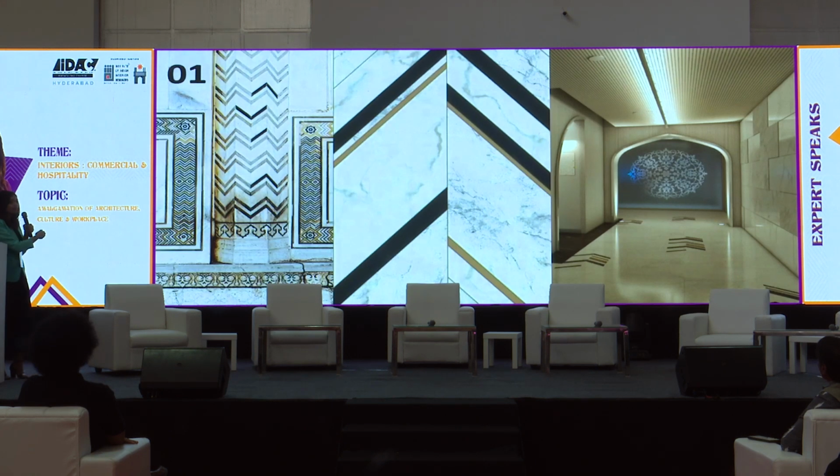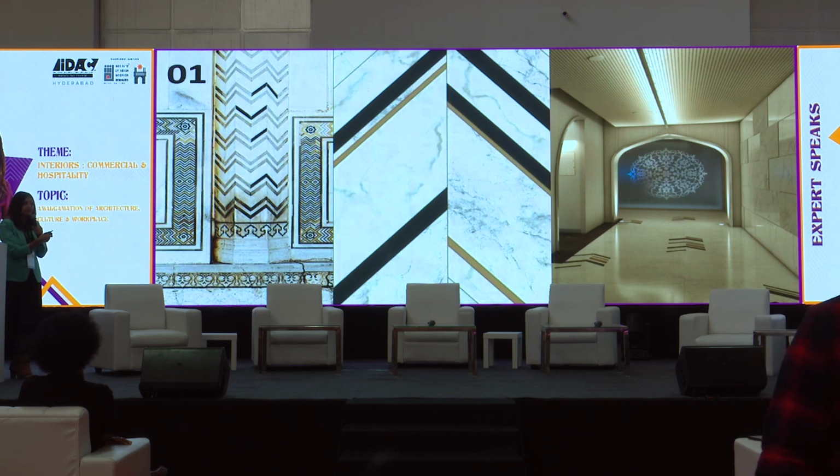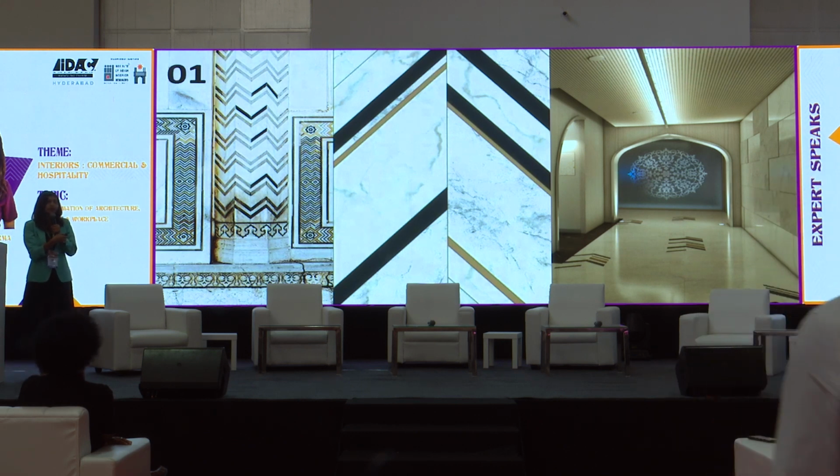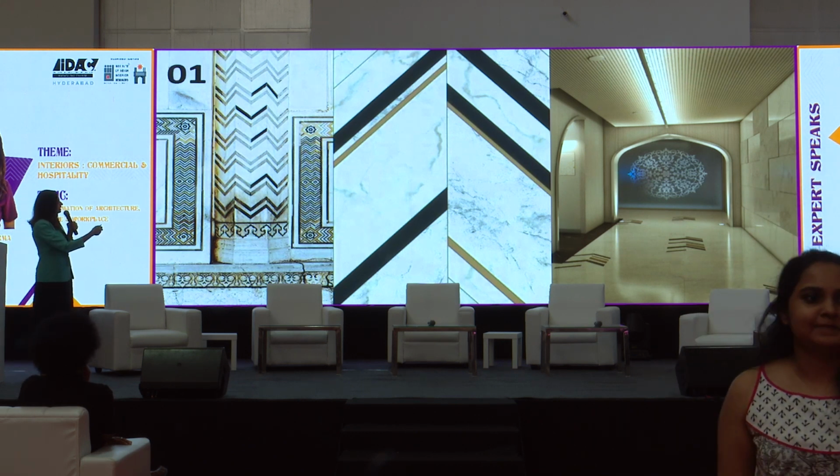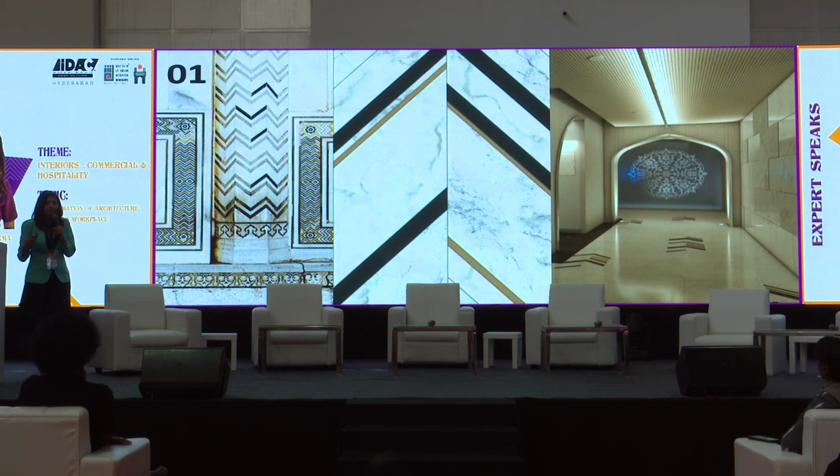What you see on the right are the chevron patterns present on the Taj Mahal. We interpreted them in a contemporary manner, twisted and tweaked them a little to be part of the corridors themselves. It also gave you a directional way in all the corridors running across the core.